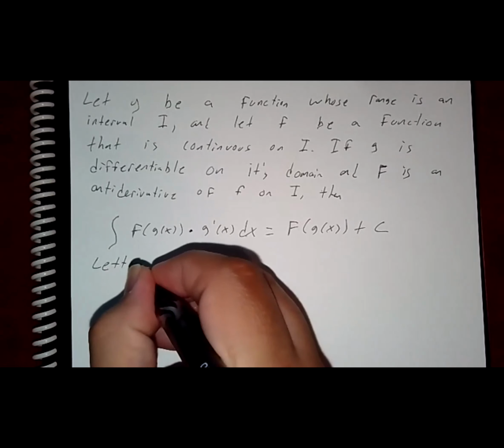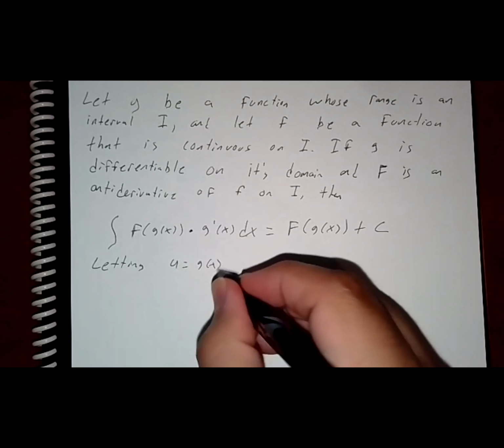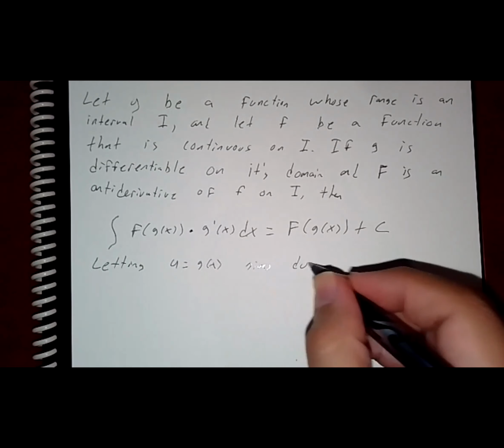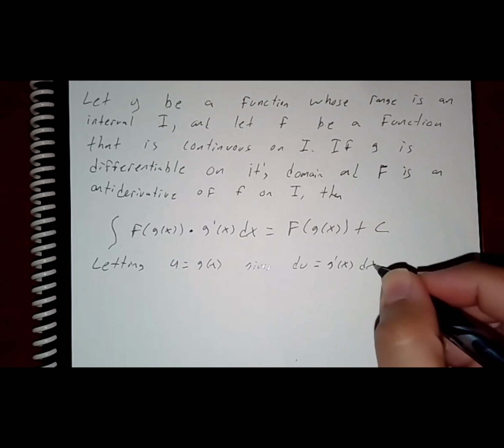So in general, letting u equal G of x gives du equal to G prime of x dx.